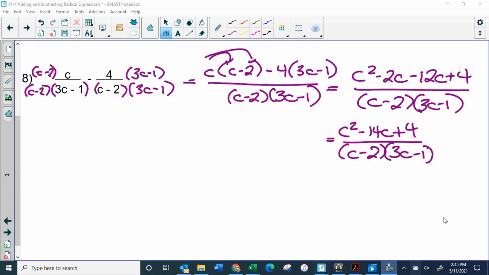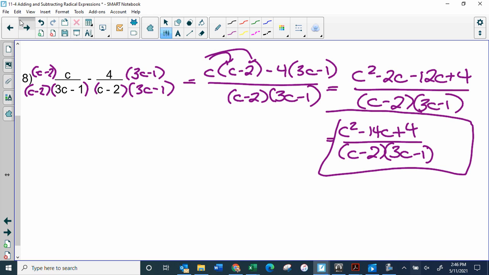And you can't easily factor the numerator. You could use the quadratic formula, but we're not going to go that far because there's not two numbers that multiply to 4 and add to negative 14. So we're going to leave our answer just like that.